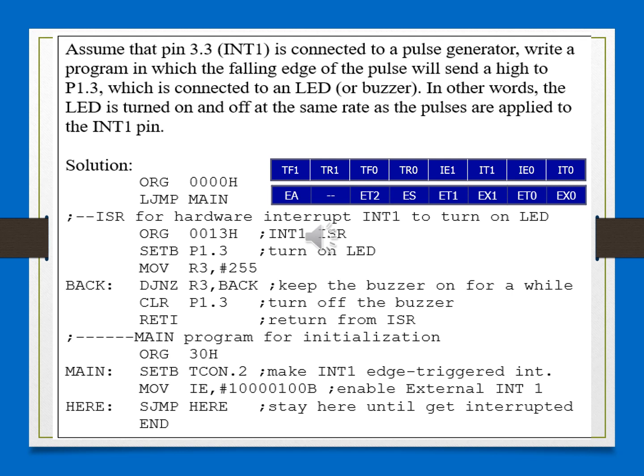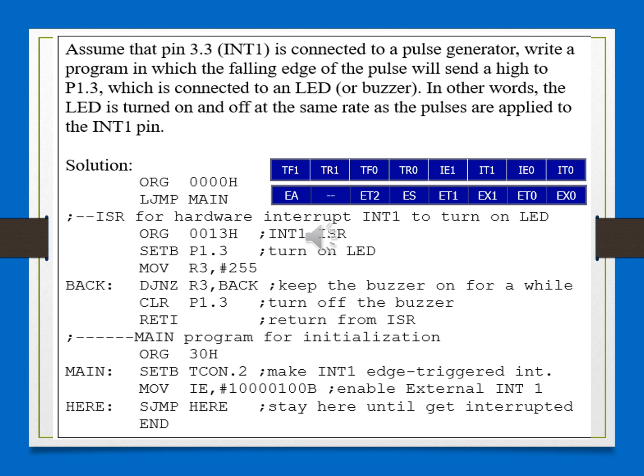We have programmed the external hardware interrupt connected to the INT1 pin as edge triggered. That means whenever there is a high to low transition at this pin, which is generally high, we accept it as an interrupt.